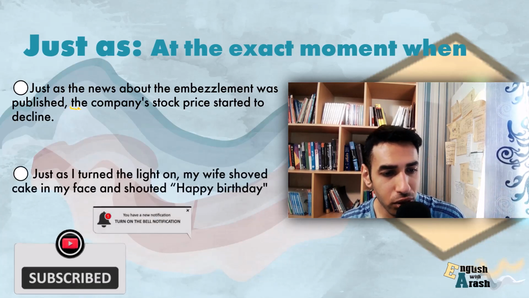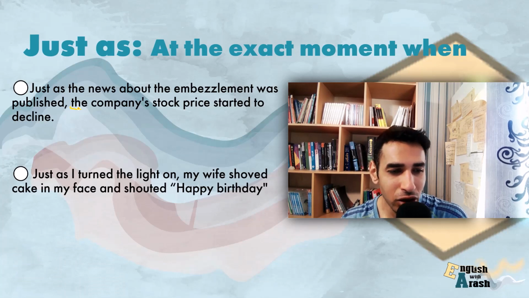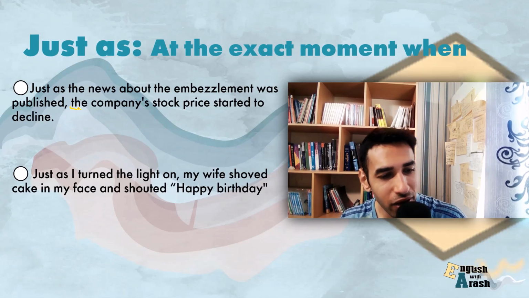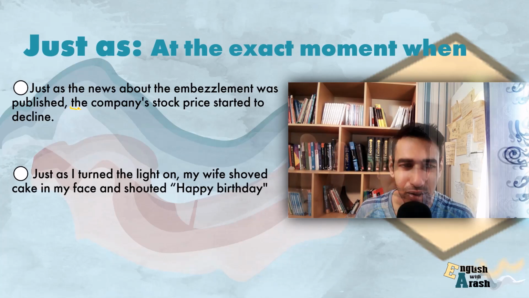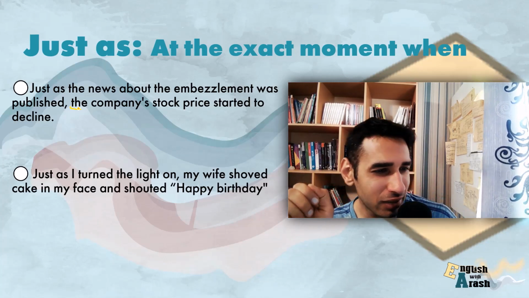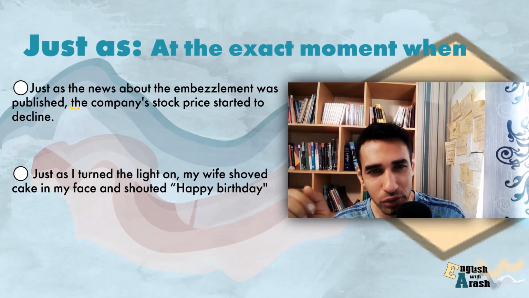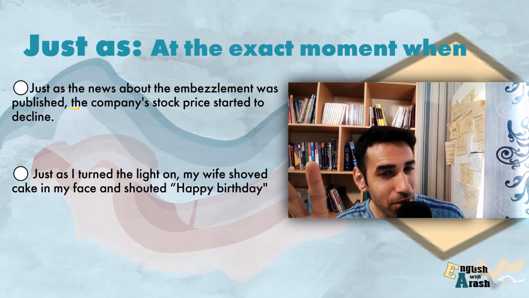"Just as I turned the light on, my wife shoved cake in my face and shouted, 'Happy birthday!'" When somebody shoves cake in your face, rubs the cake in somebody's face, they do it in weddings, or maybe in some countries, some cultures, birthday parties.